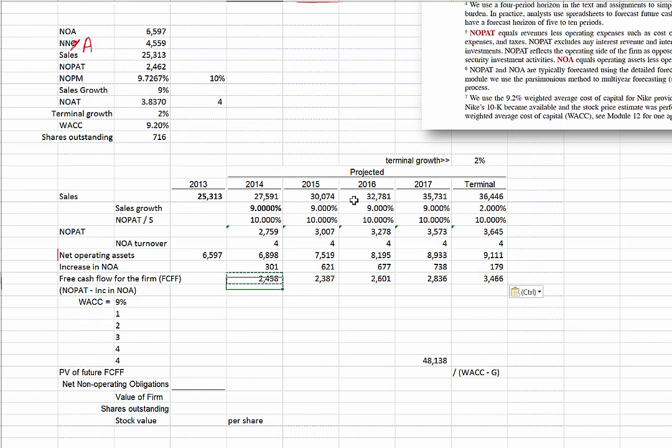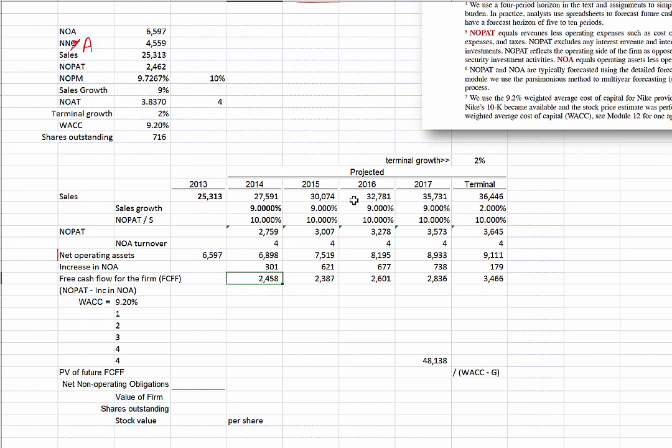So let's discount this one back to today. Using the weighted average cost of capital, I've already dropped it in here. Let me put a decimal in there to make sure I have 9.2%. Yes. So let me bring that back to today.